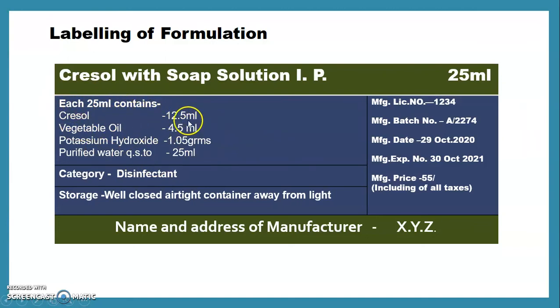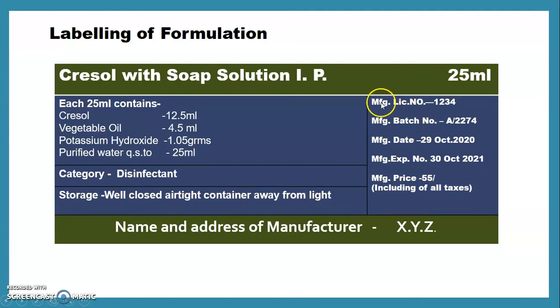Cresol 12.5 ml, vegetable oil 4.5 ml, potassium hydroxide 1.05 gram, purified water QS 25 ml. All our ingredients we should mention here. Then write the category of our preparation. The category is disinfectant. Then storage condition should be mentioned. Well closed airtight container away from the light.